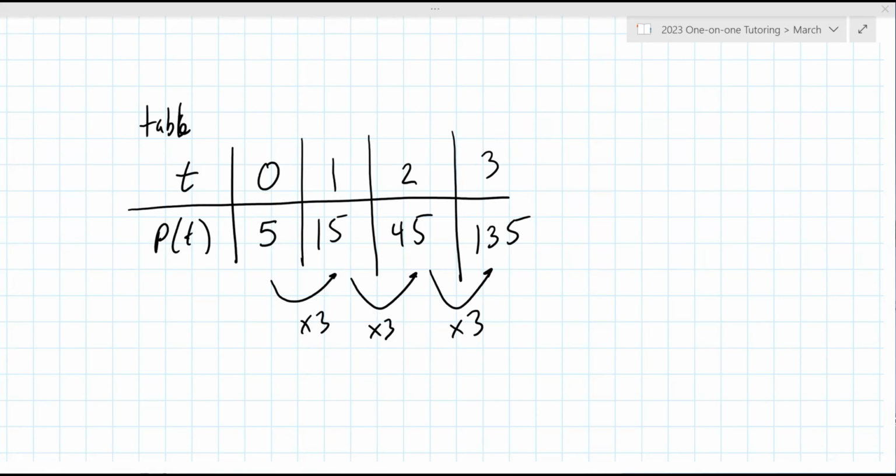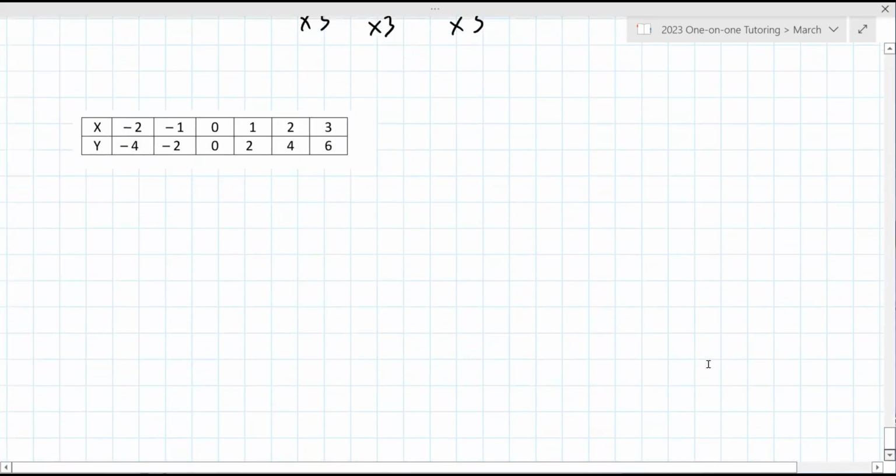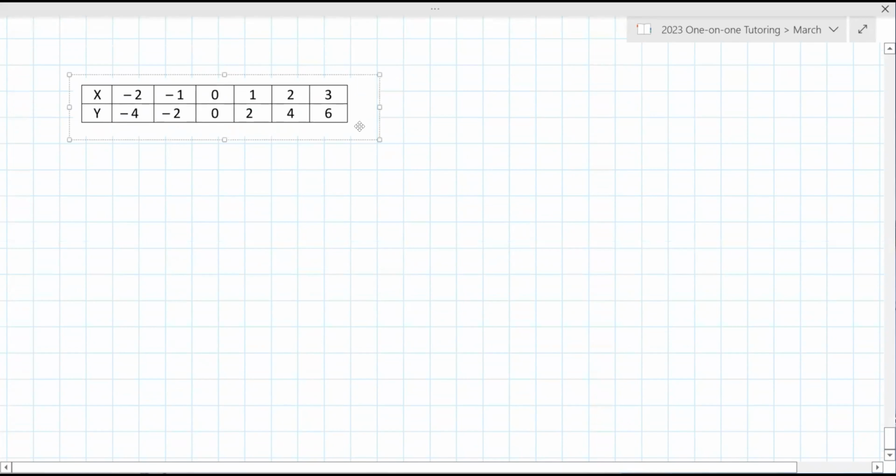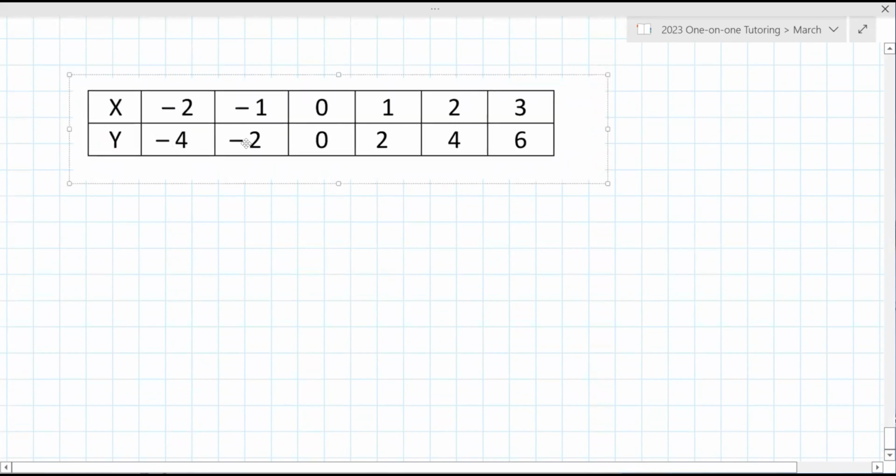Let me grab one that's not super difficult to start with. All right. So when you're looking at this table here, you want to decide if you are adding the same amount each time, or subtracting the same amount, or if it's multiplying by the same amount each time.